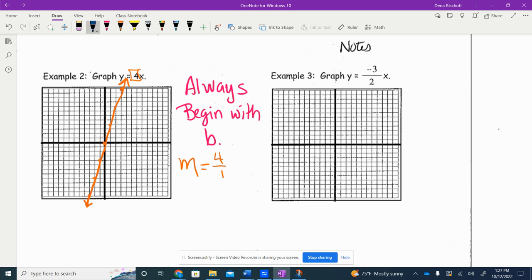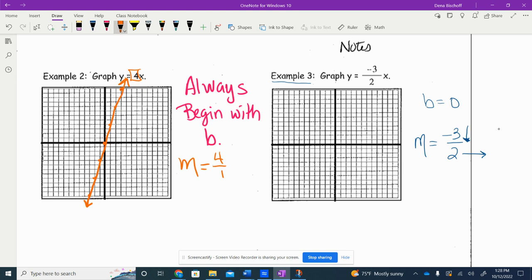Okay. So example number 3, where are we going to begin? We always begin at B. What's the value of B here? It's 0. What is my slope? Negative 3 over 2, which means that I go down 3 and to the right 2.